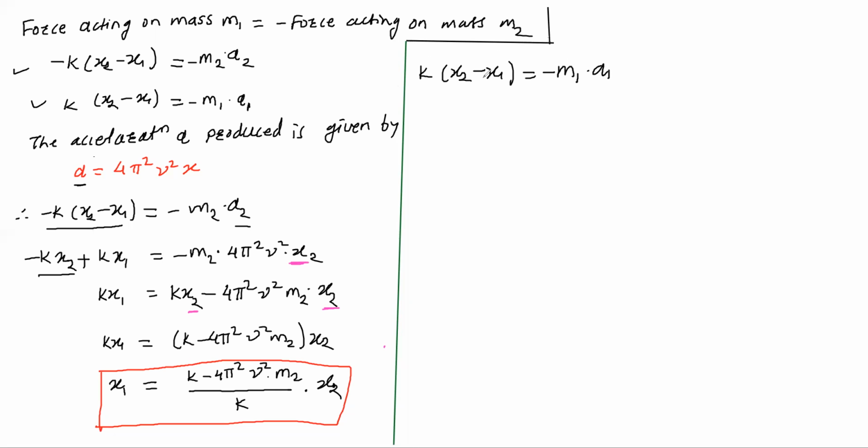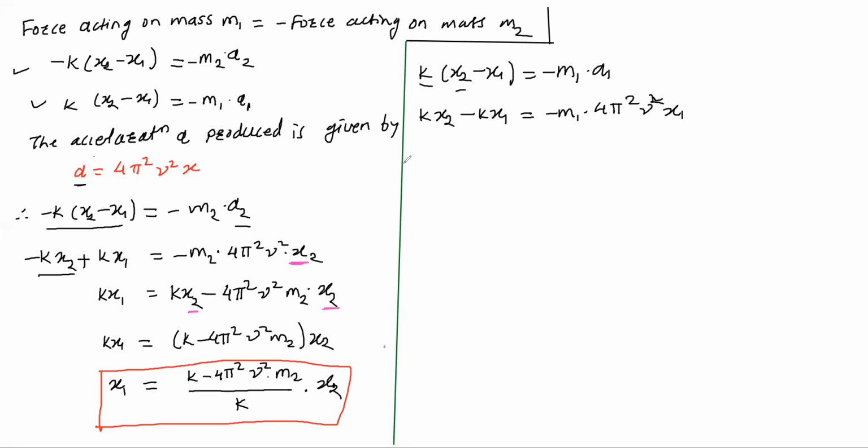Similarly, you have to put the value of a1 and solve this bracket as it is. So k x2 minus k x1 is equal to minus m1, and the value of a is again 4 pi square nu square x1.